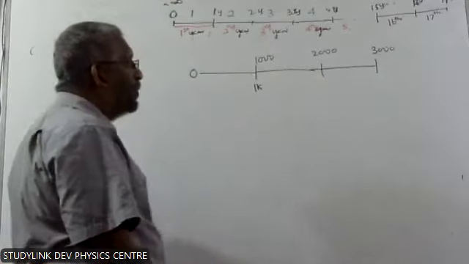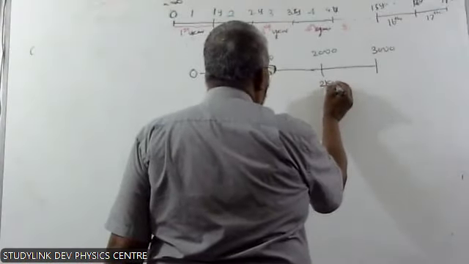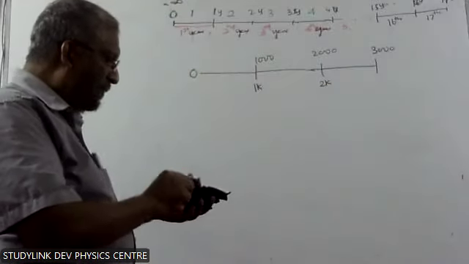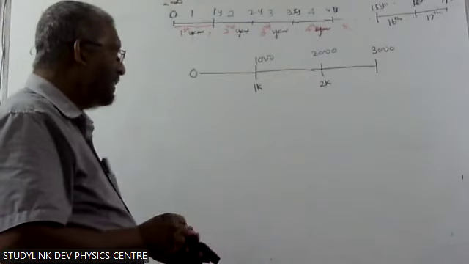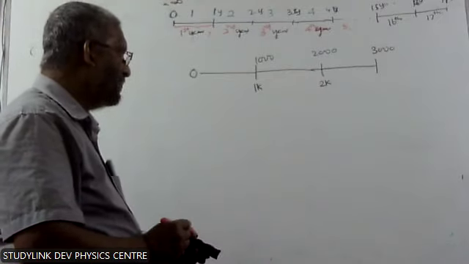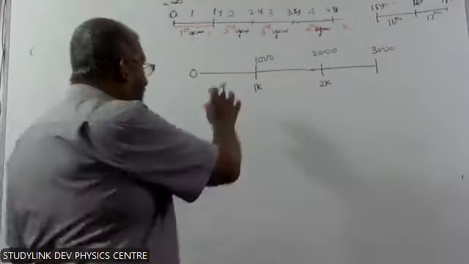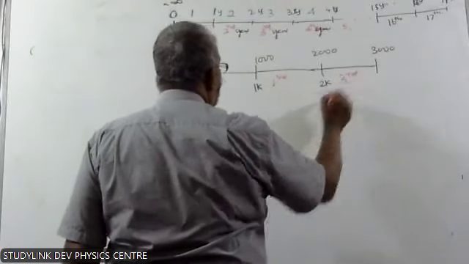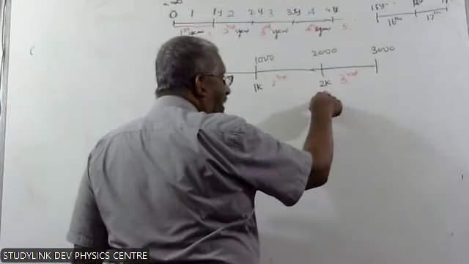Like that it goes. So this is 2K. We are in the third millennium. The second ended here.